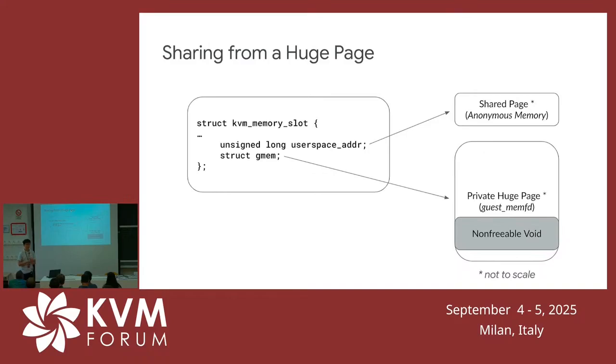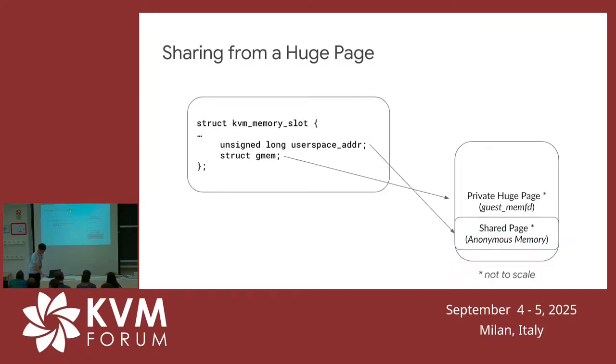So for every page that's shared, we have 2 times the amount of memory. And for a malicious or otherwise broken guest, it could start using a lot of memory, up to twice the amount of memory that the guest was paying for. So with in-place conversion, we can achieve something like this, which is that the non-freeable void is now reused as the shared page.